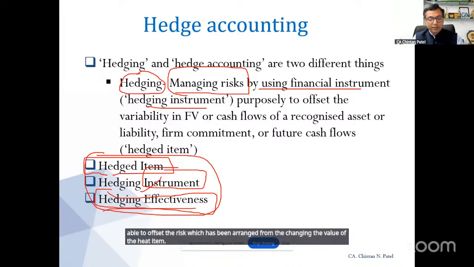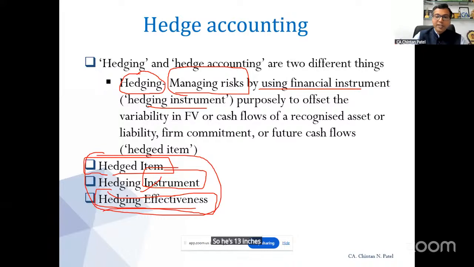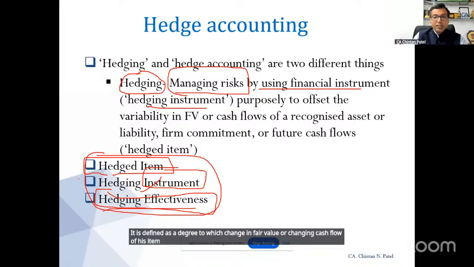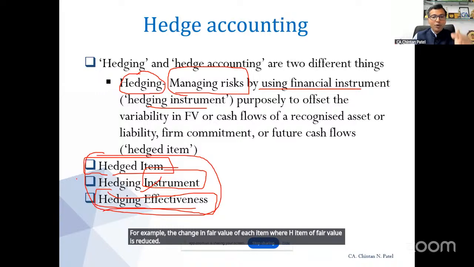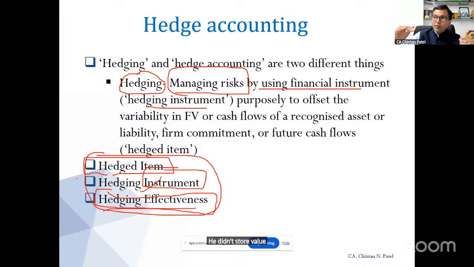Hedge effectiveness is defined as the degree to which the change in fair value or cash flow of the hedge item is offset by the change in fair value or cash flow of the hedging instrument. So I have two things: one is the hedge item, second is the hedging instrument. For example, if the fair value of the hedge item is reduced, the fair value of the hedging instrument increases. They both offset.